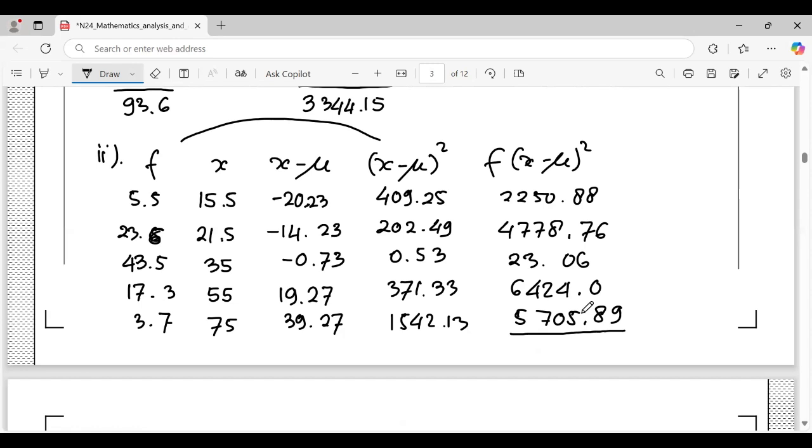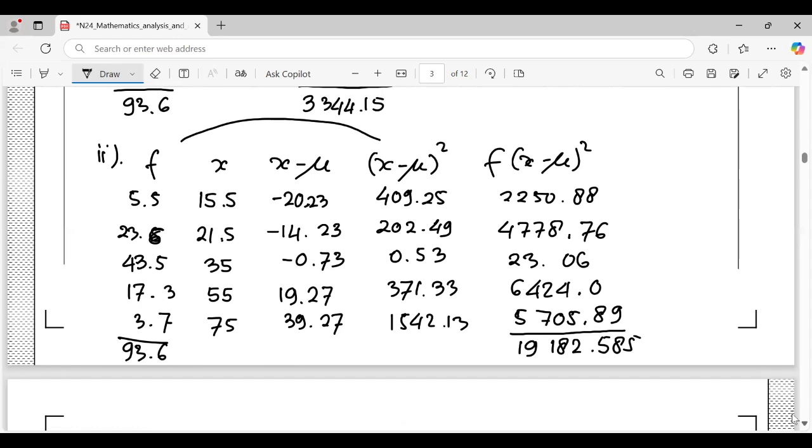The total accumulation is 19,182.585, while the frequency accumulation is 93.6.